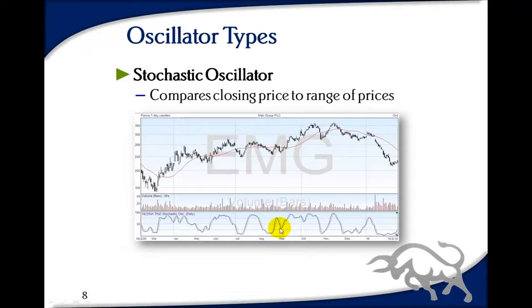Now I think on this particular chart you can see that it says 14 on the chart and in brackets 3, so you can choose how many days you smooth that out by to make it a slow stochastic, but usually it's 3 days. You'll usually do 14 by 3, and then the 3-day one becomes the slow stochastic line, and it smooths out again by 3 days to complete the signal line.